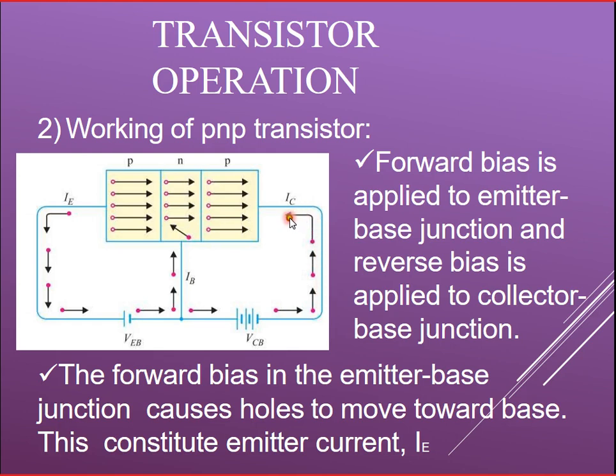It is quite opposite to the NPN transistor, so the current flow will be in this direction, from the emitter to the collector and to the base. So this is the actual current flow of your PNP transistor.